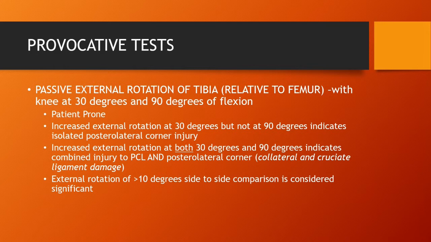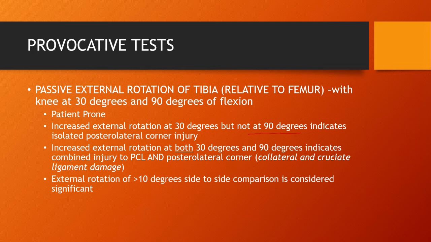So when the knee is at 30 degrees of flexion and we have an increased external rotation that disappears at the 90-degree position, this indicates an isolated posterolateral corner injury, as the posterolateral corner structures are the primary restraints to external rotation when the knee is at approximately 30 degrees of flexion.